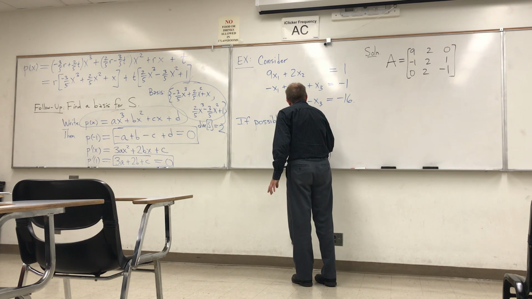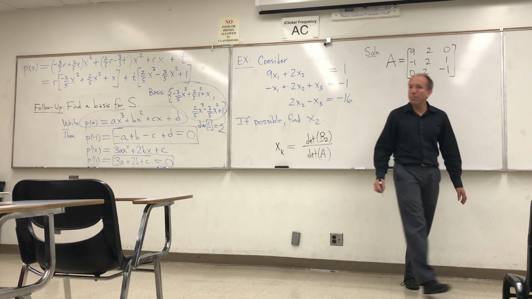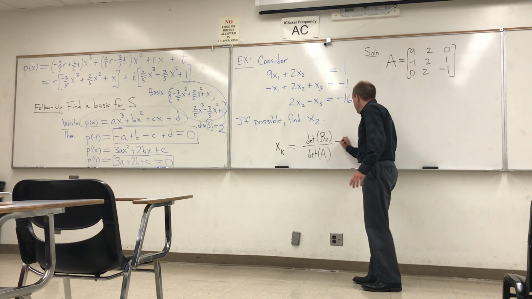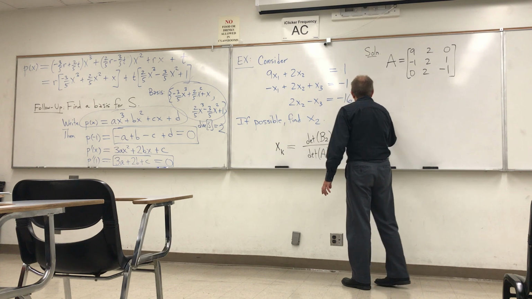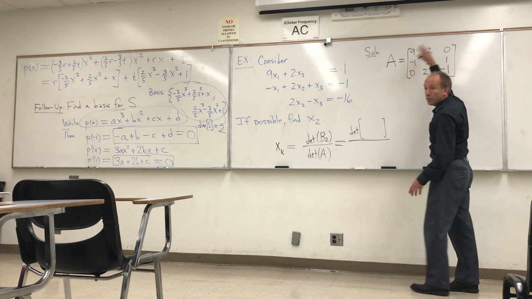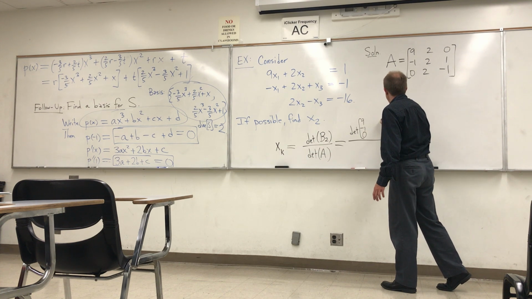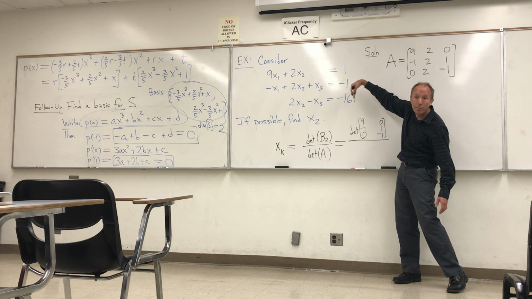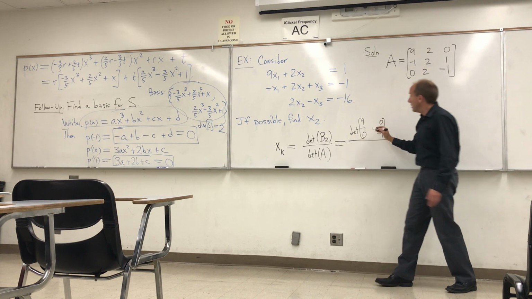So on the top here, you're going to put the B2. And I'll just remind you that the B2 is the matrix where you take the matrix A and leave the first and third columns alone. But you put the right-hand side numbers into the middle column.